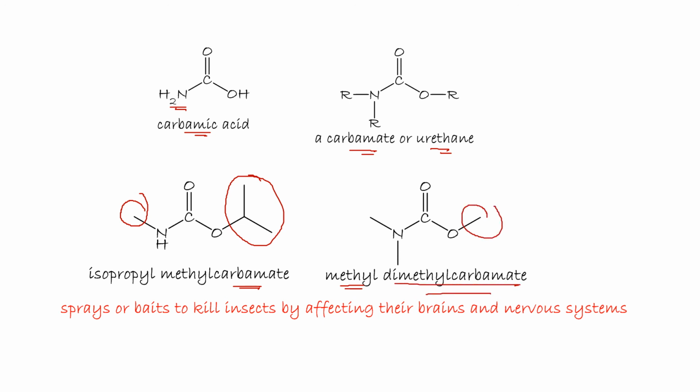That's methyl for the ester, and here is dimethyl carbamate. Here it is one word, and here you have to leave a space. Again, here is the ester part, so this is isopropyl, then a space, then methyl carbamate. Okay?